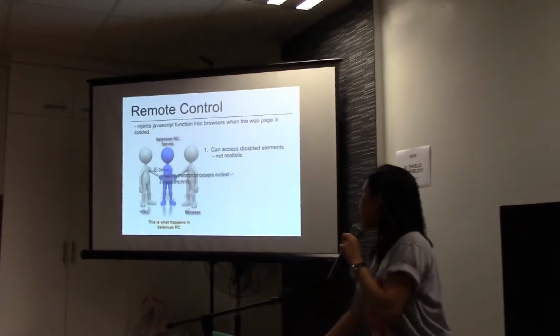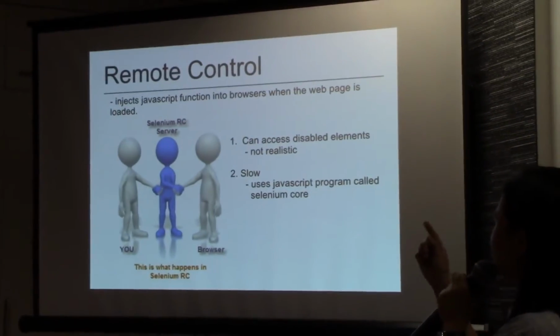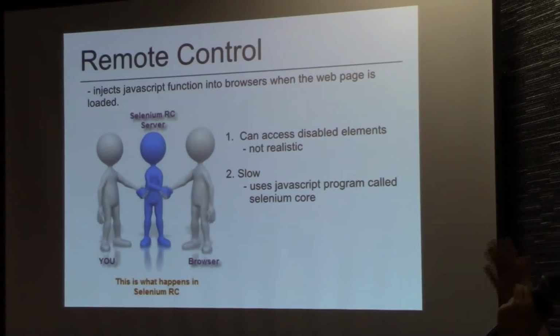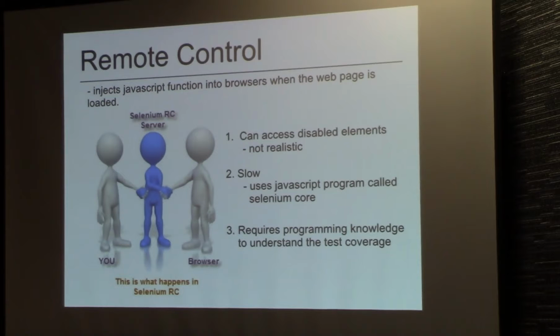And second, it is slow. As you can see on the picture, you need a Selenium server in order to communicate with the browser. And third, Selenium RC requires a programming language. Well, not all team members know how to program or understand programs. So, it is not very useful to everyone.